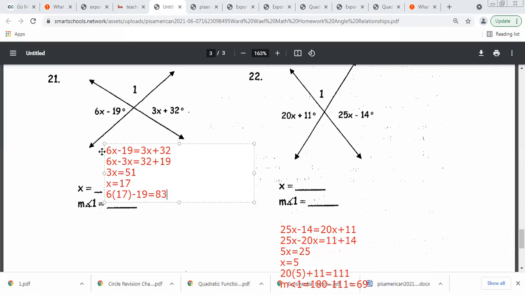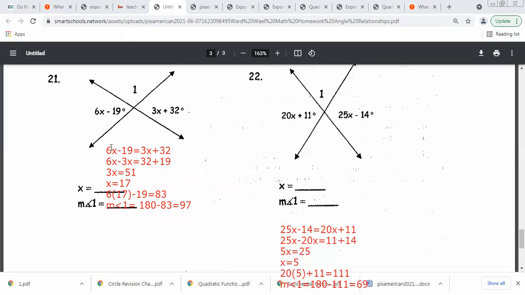We want to find the measure of angle 1; together their sum equal 180. So it will be 180 minus 83, which will be equal 97 degrees. So this is how we can use vertical angles and solving equations.